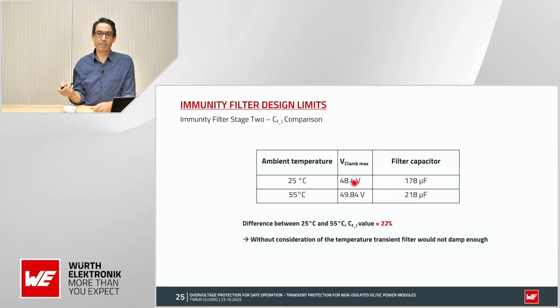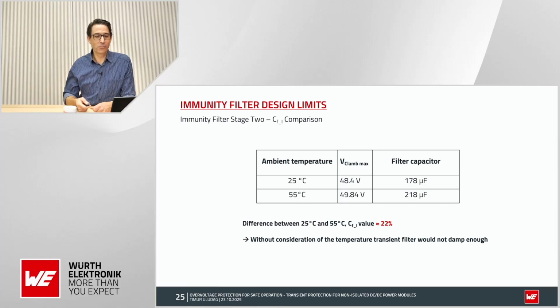That means if we have here somehow a delta of 30 degrees, this leads to a difference in the CFI value of 22%. This is significant. Means if you underestimate the effect of the temperature to the clamping behavior and therefore the maximum clamping voltage, you would probably choose the wrong capacitor.